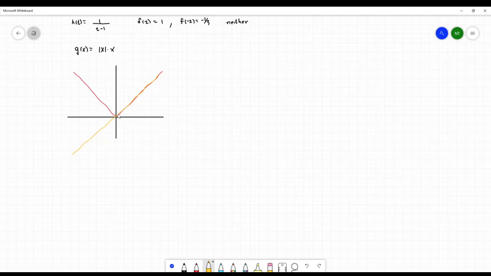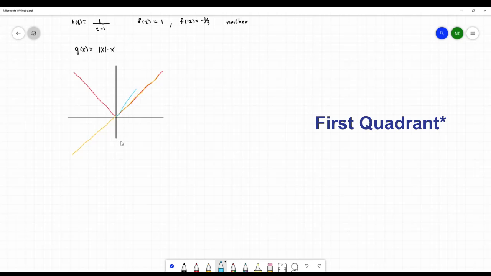So when you multiply x by the absolute value, when you multiply this red and blue line, you're going to get a parabola in the right quadrant.